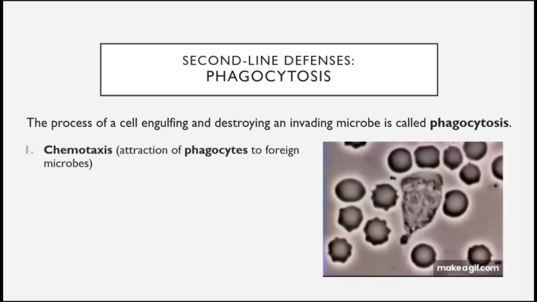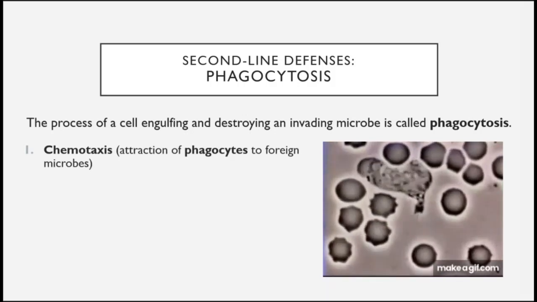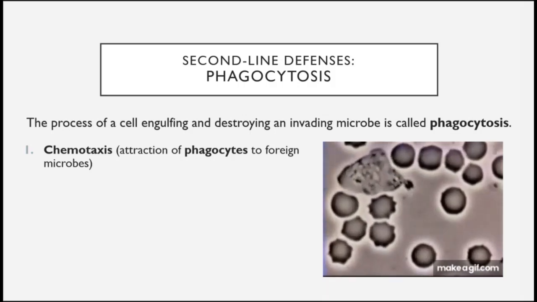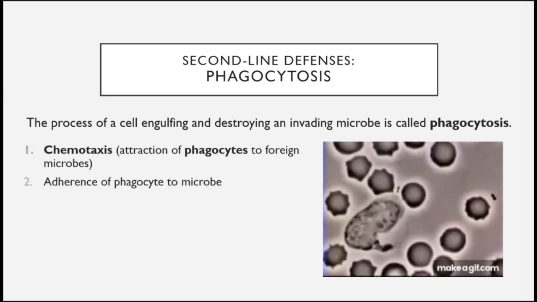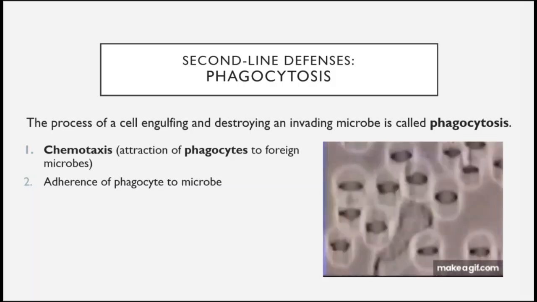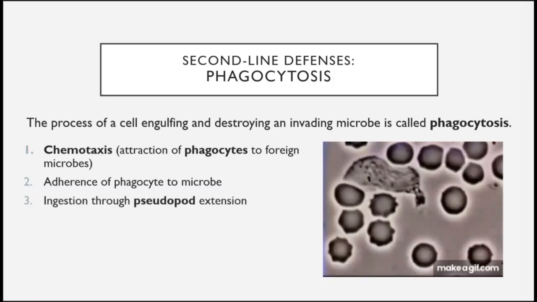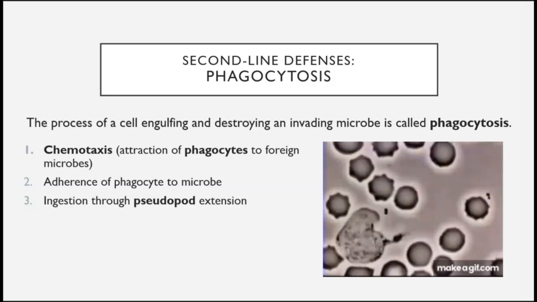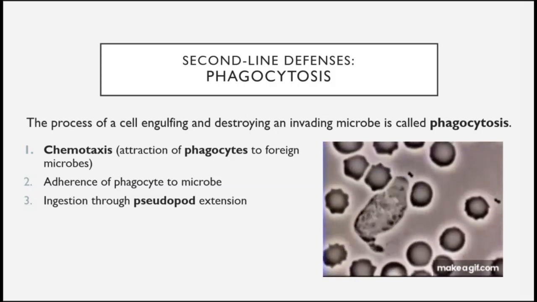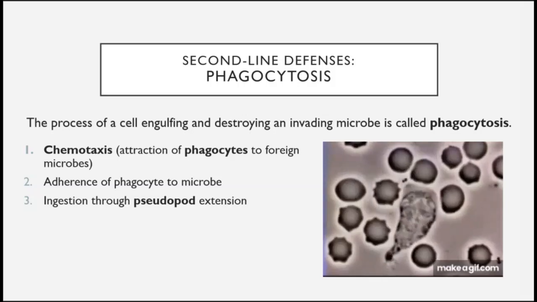They use chemotaxis. So attraction of phagocytes to foreign microbes is done through chemotaxis. Next, there's adherence of the phagocyte to the microbe. And then the next step is ingestion through the pseudopod extension, which you can see in the little GIF there to the right.